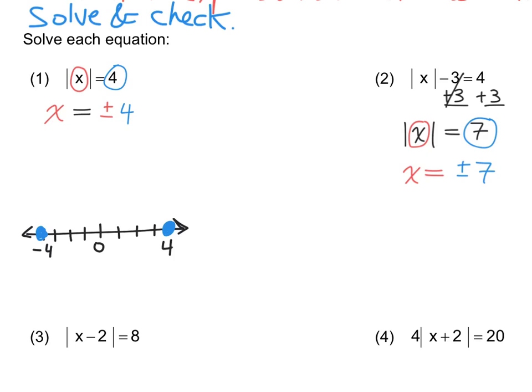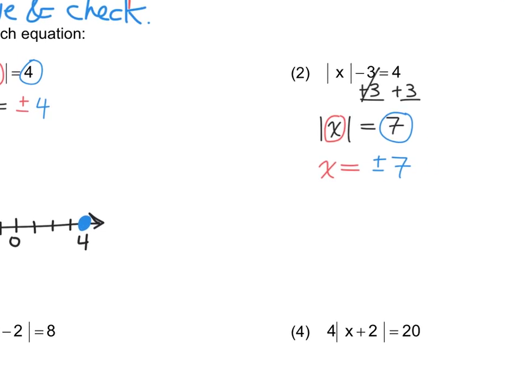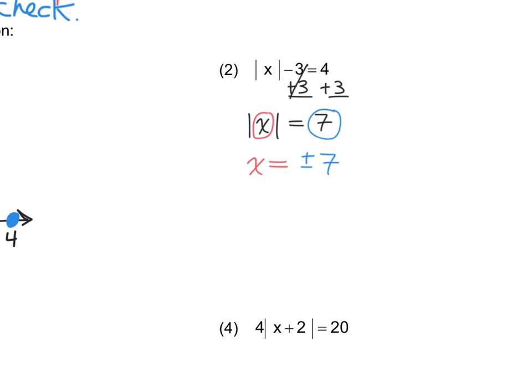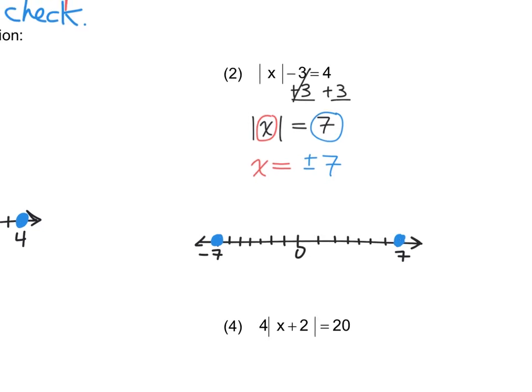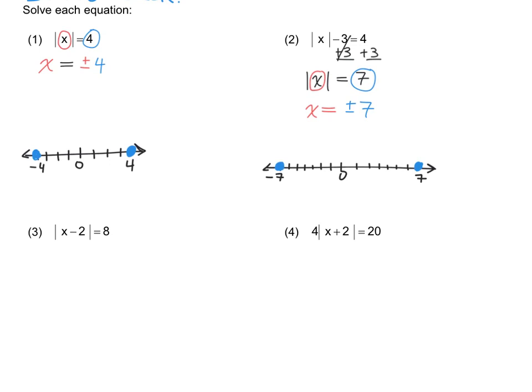And then the same thing for the other one is going to be plus or minus 7, so same number line, essentially. Plot a couple of points. And again, just rough it out. It doesn't have to be pretty. I mean, mine are gorgeous, but.